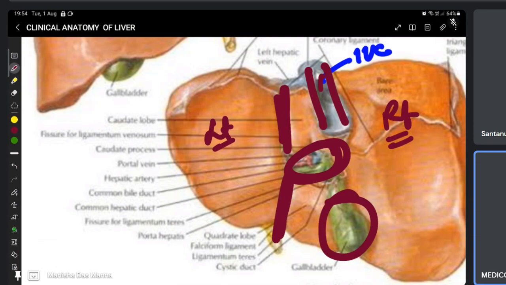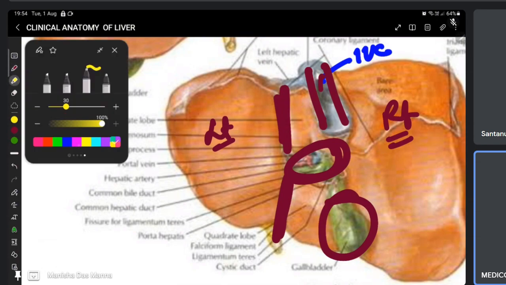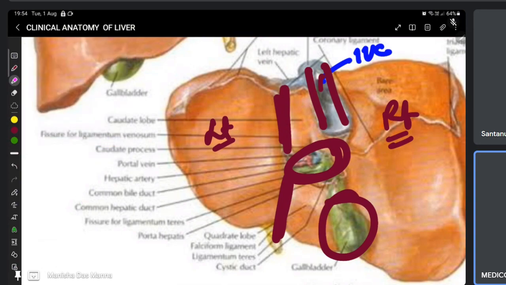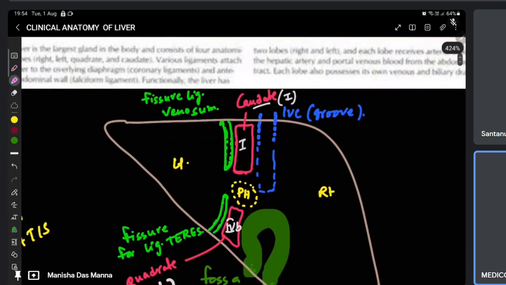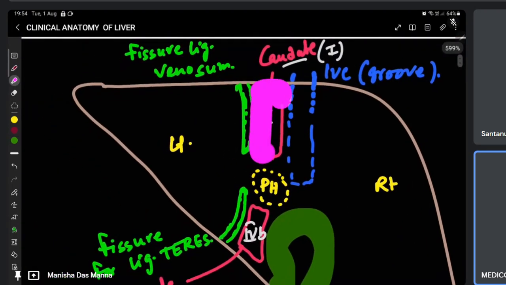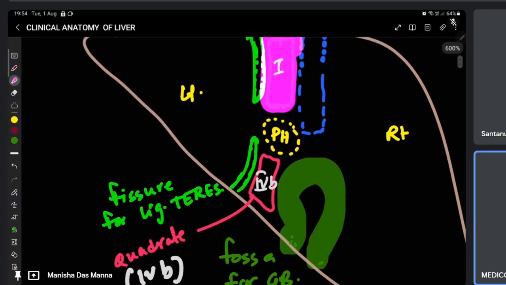And there are important lobes in Couinaud's classification, which I am going to tell you about later: the caudate lobe and the quadrate lobe. You can appreciate this. This is the caudate lobe, and this is the quadrate lobe.